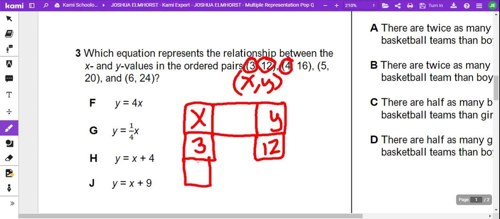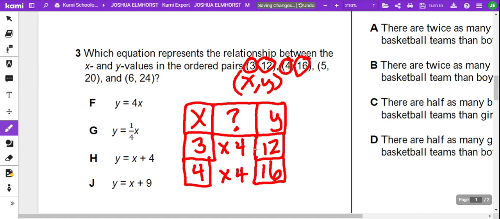Then we have 4 and 16. So it's asking, what is the rule? How do you go from 3 to 12 and 4 to 16? So this one is 3 times 4 and 4 times 4 would work.